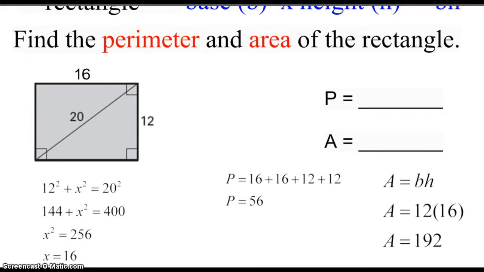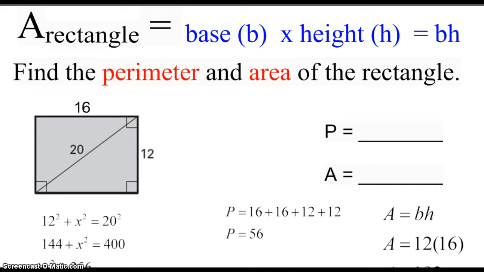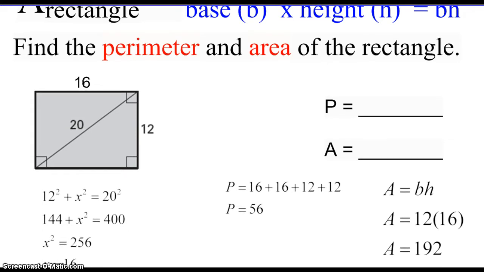Now, please be careful, if we're doing area, it's units squared. So here I don't give you units as centimeters or inches, but you would need to put units squared. And perimeter is just units. So if it was feet, perimeter would just be feet, and then area would be 192 feet squared.